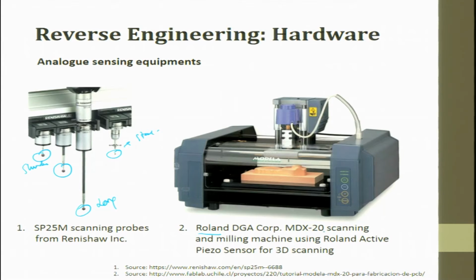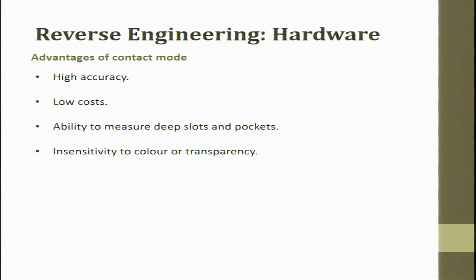This scanning and milling machine uses a Roland active piezo sensor for 3D scanning. Scanning happens here, the data is taken, and then the corresponding data is executed. This is an MDF, which is a wood based material. The accuracy of contact measurement is high and the cost is low.